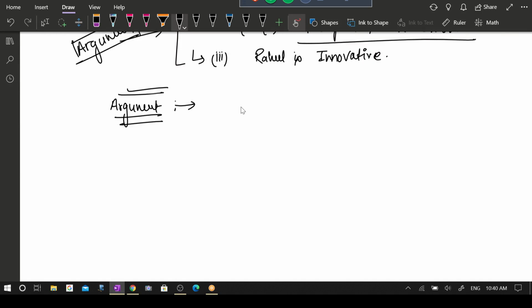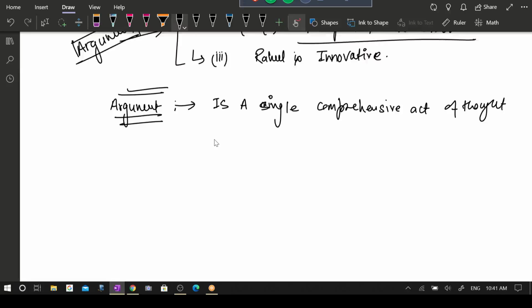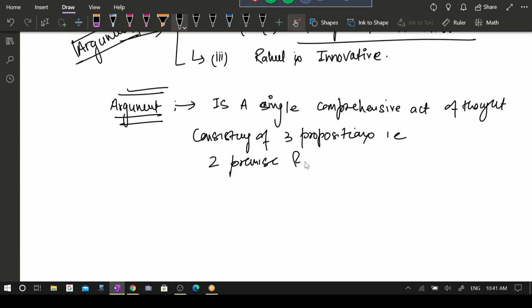I can very easily now say an argument is a single comprehensive act of thought consisting of three propositions, that is two premises and one conclusion, so we call it an argument.